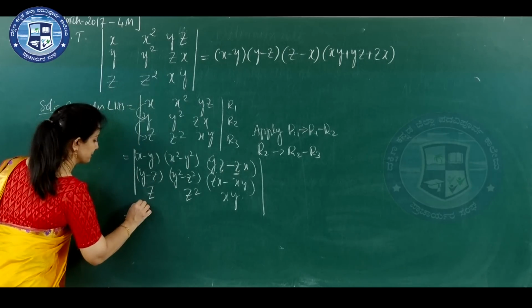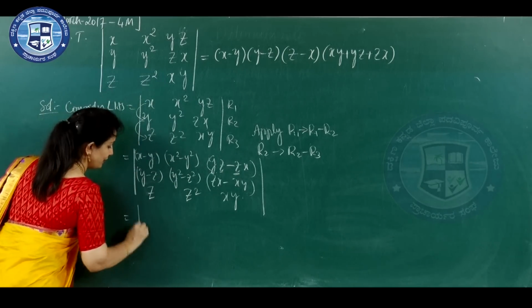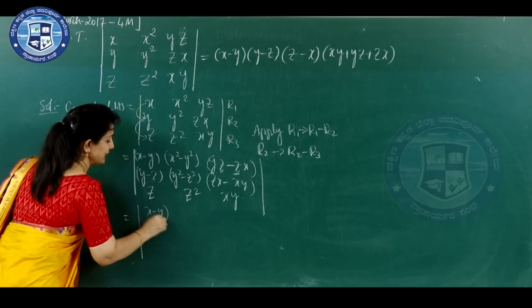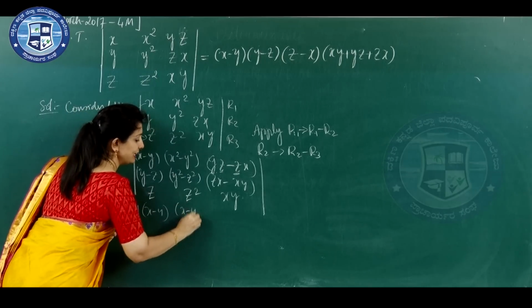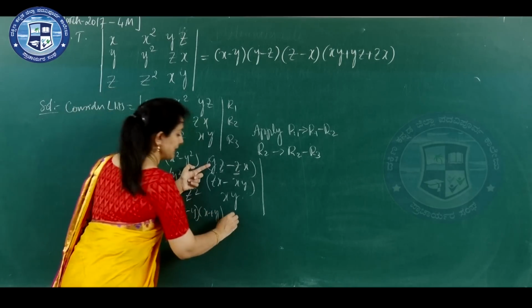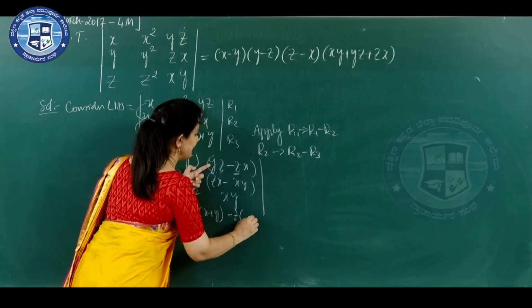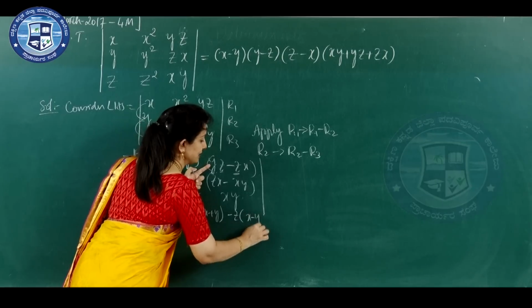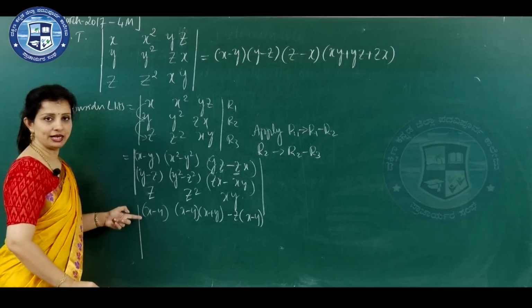So, the first row elements are written as x minus y, then this is x minus y into x plus y, isn't it? And here minus z is taken out, remaining elements are x minus y. First row elements.